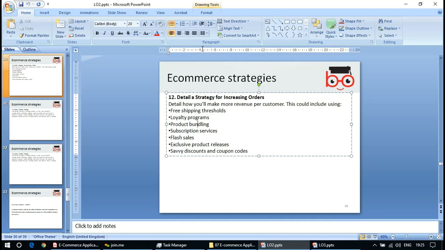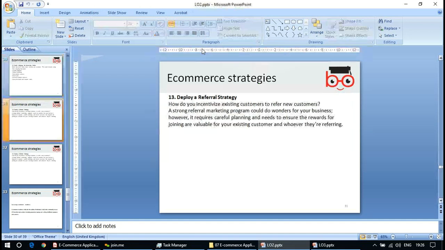And subscription services, some of the pharmacies provide subscription services, and they continue to be serviced on some terms and conditions. Flash sales, like 70% off, exclusive product releases, savvy discounts, and coupon codes, isn't it?